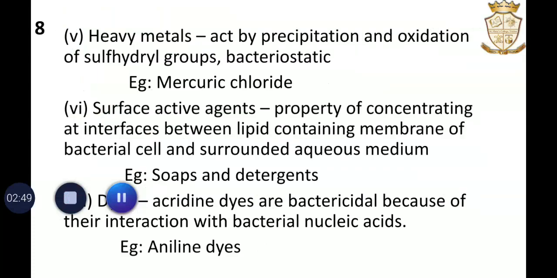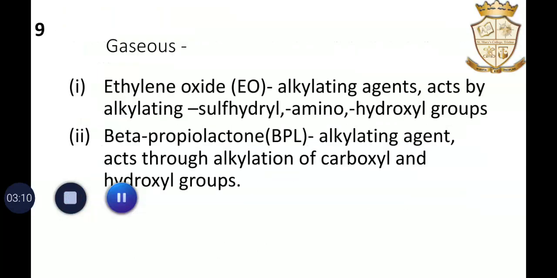Surface active agents concentrate at the interfaces between the lipid containing membrane of the bacterial cell and the surrounding aqueous medium. Example soaps and detergents. Dyes. Acridine dyes are bactericidal because of their interaction with bacterial nucleic acid. Example is aniline dyes.